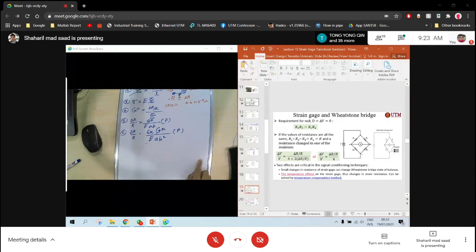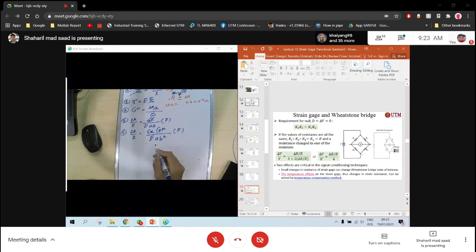We don't try to measure the R directly, because the delta R will give you very small ohms, so it is quite difficult to measure. So we combine it with the Wheatstone bridge so that we can get the offset and the gain. So how do you do it?